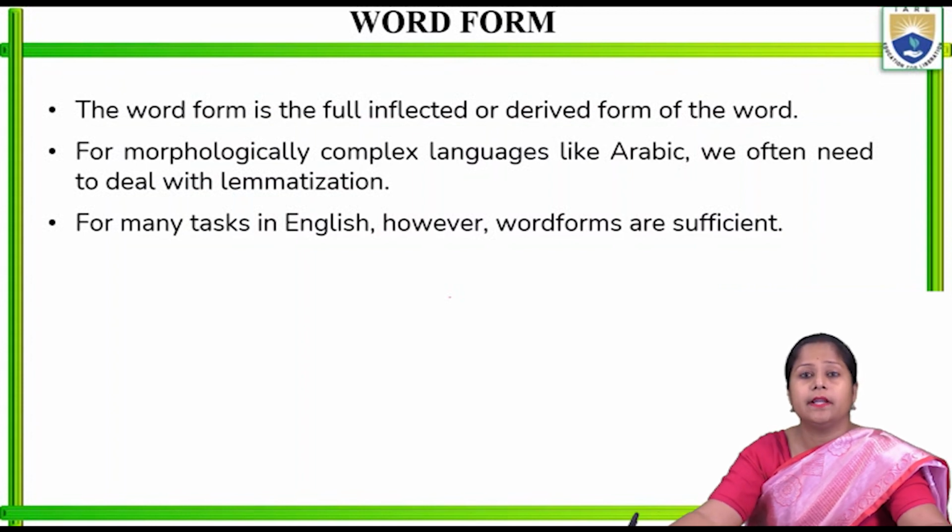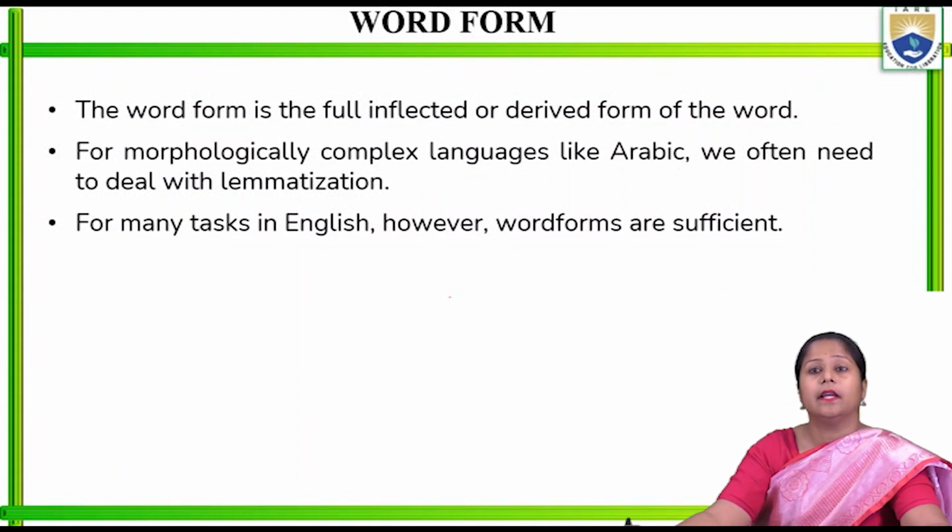For many other tasks, if I consider the English language, the word form is sufficient, because only two or three forms of a word are created, maybe a few more, but that classifies correctly. Why? Because the number of variants is smaller, while in other languages like Arabic it is larger.